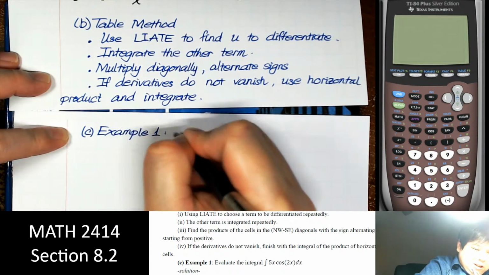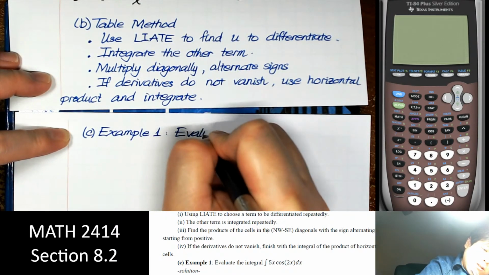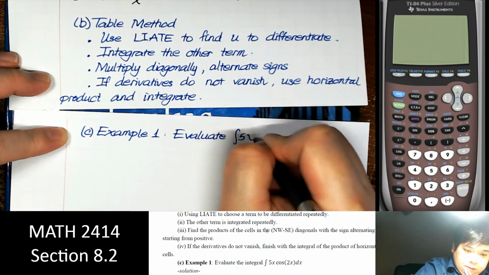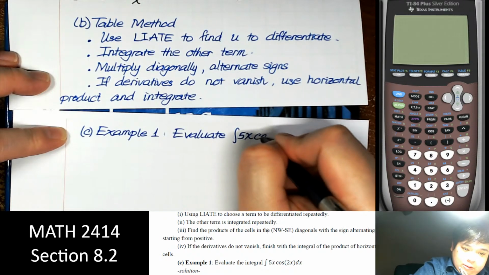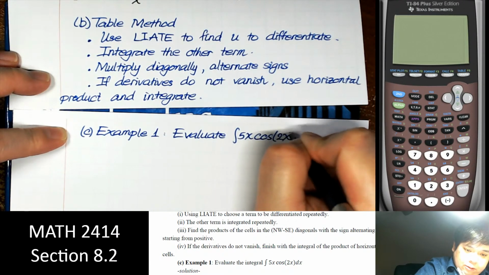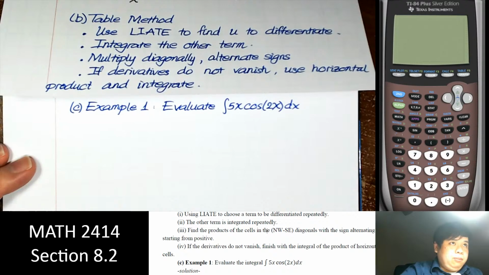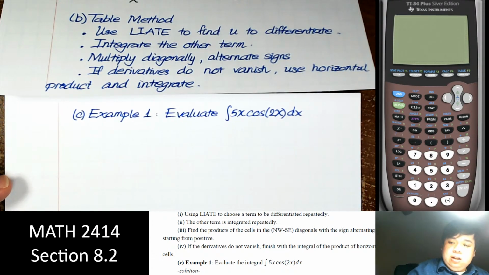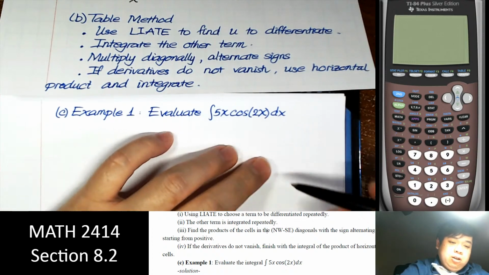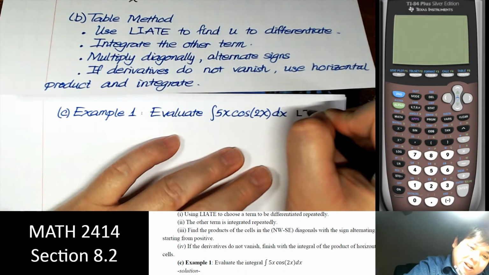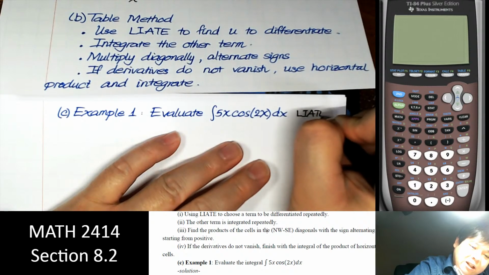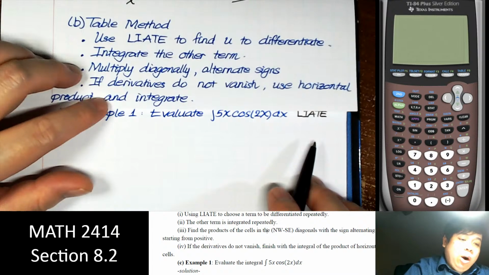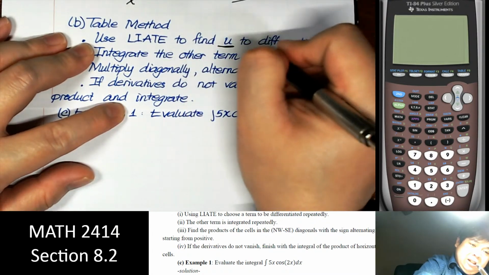Example 1. Right. So we integrate this. So the first thing we do is, of course, the mnemonic LIATE, and then we go to that list and find out what is u, what is to be differentiated.